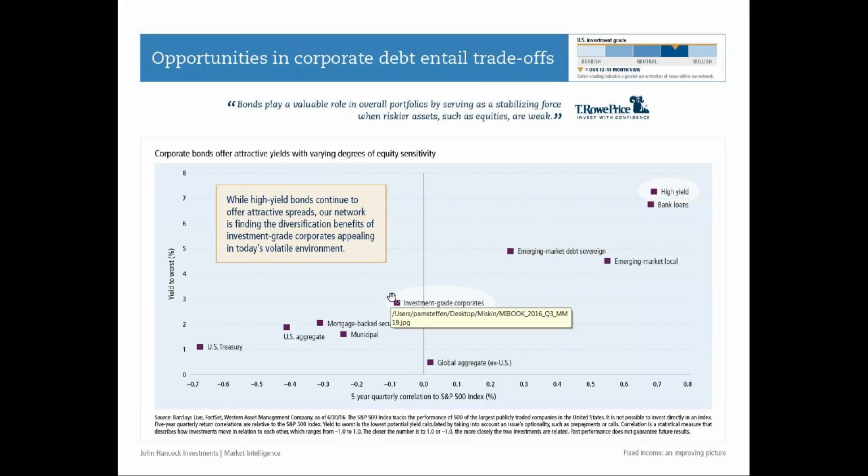Something to consider there. The other part of this is investment-grade corporate bonds. They have little correlation to treasury bonds, but they also have little correlation to stocks. So they're kind of in the middle here, and that's an attractive place to be for diversification benefits.